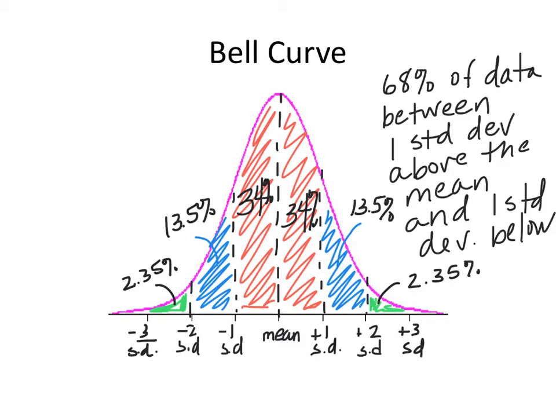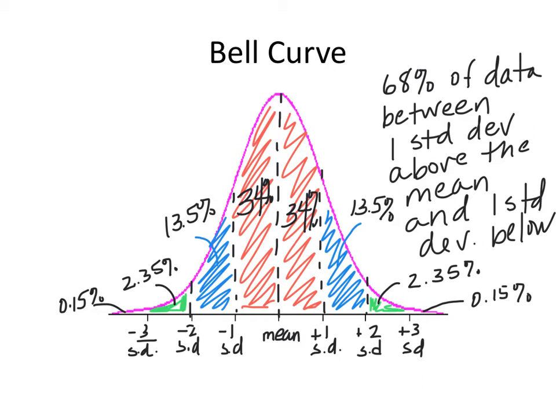So that means 0.15% is above 3 standard deviations, and 0.15% is below 3 standard deviations. So that's what normal distribution looks like, and that part doesn't change. Every time you read normal distribution, you know that these percentages are true. What does change is the mean and the standard deviation of our data.